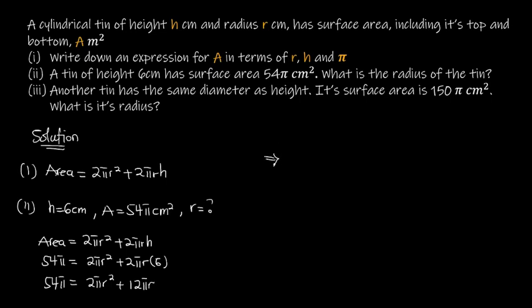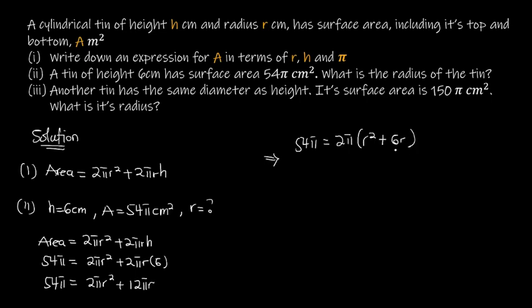So from here I can decide to factor out 2 pi because 2 pi is common over here. So I have 54 pi is equal to, if I factor out 2 pi, 2 pi outside, then into bracket r squared plus 6r.